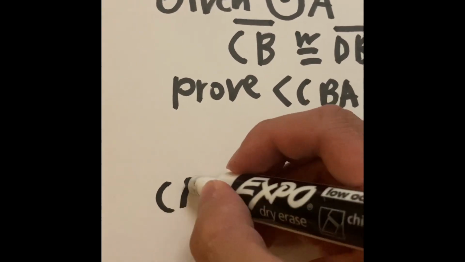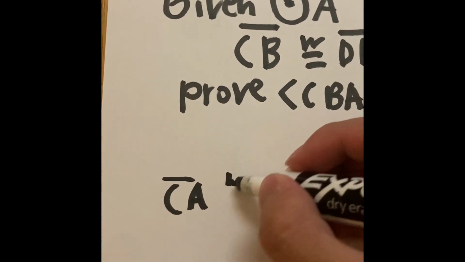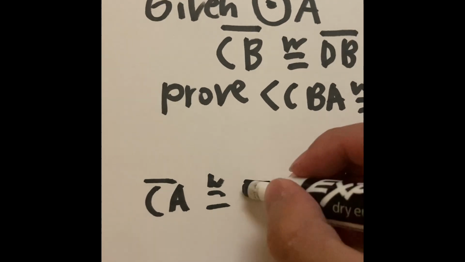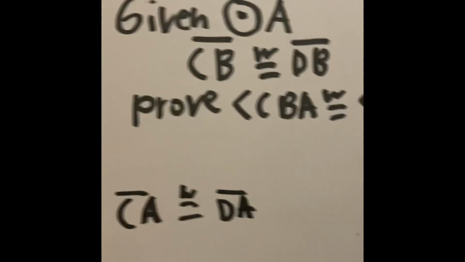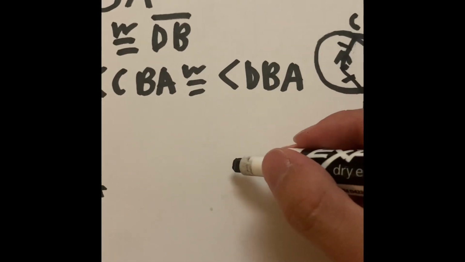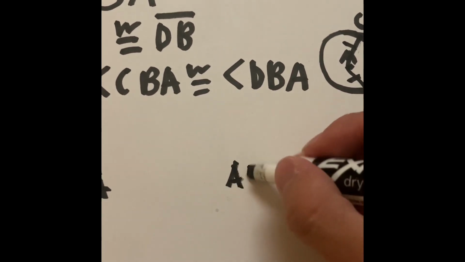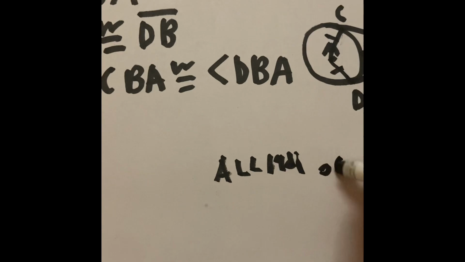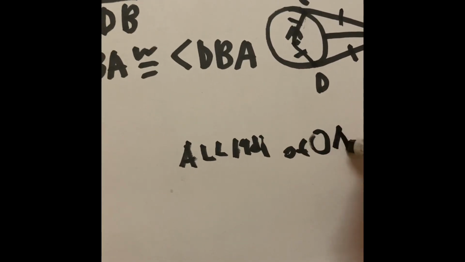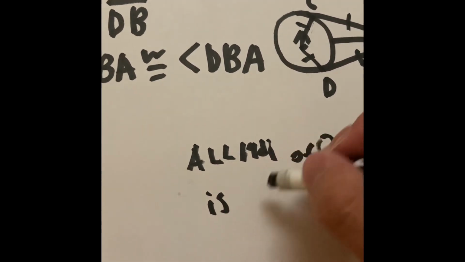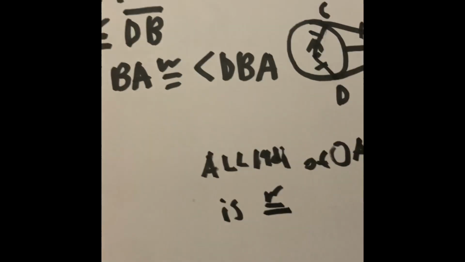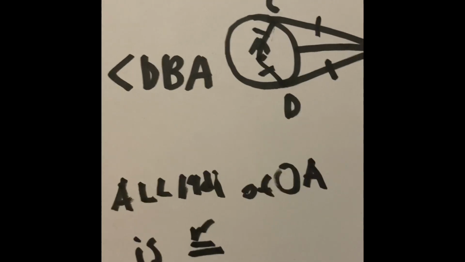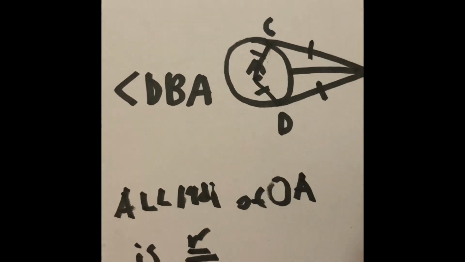So segment CA is congruent to segment DA, and the reason why is from the last video: all radii of circle A are congruent. So that is how we can say these two are congruent.